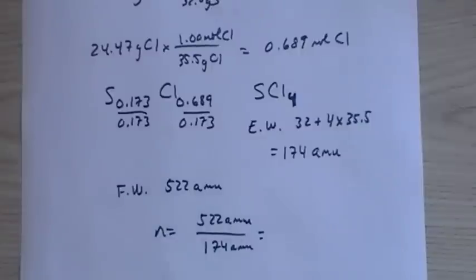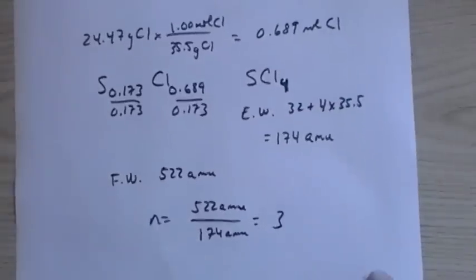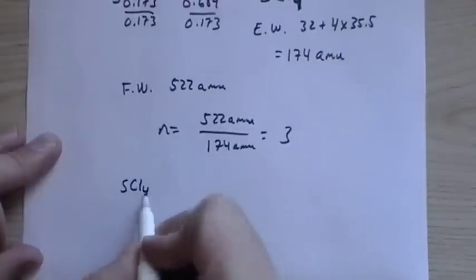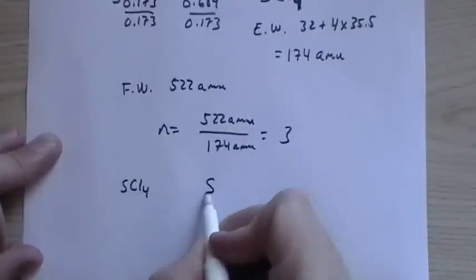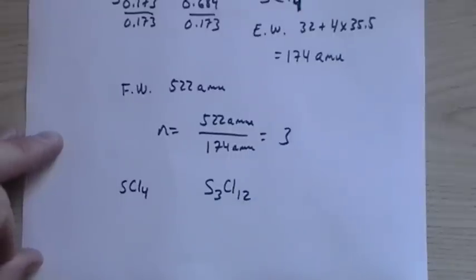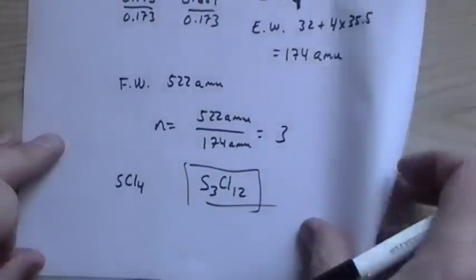You can see that they are different, so we're going to have to multiply through the empirical formula by a number, and it turns out to be 3. So in this case, the empirical formula was SCl4. The molecular formula is S3Cl12. Make sure that's a 3. Yep. There we go.